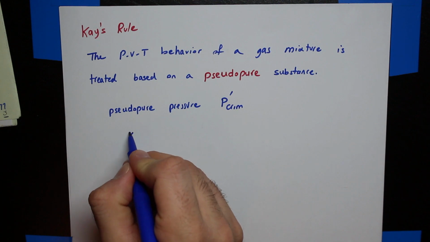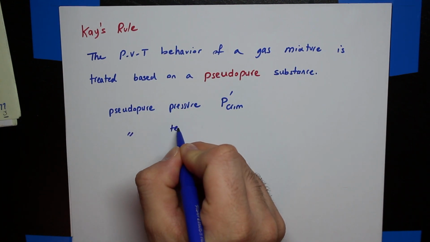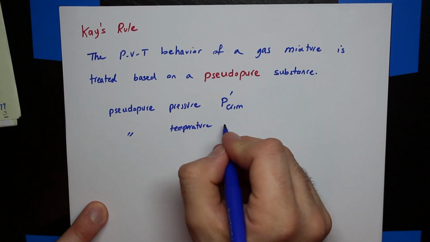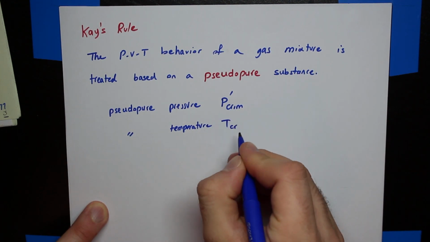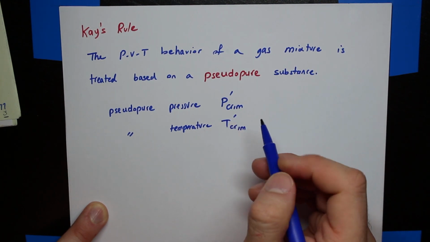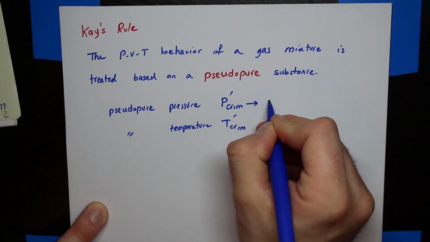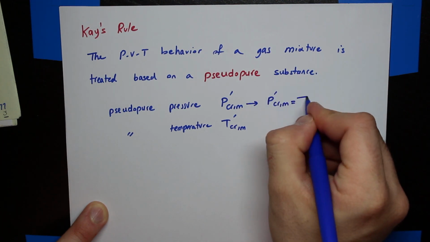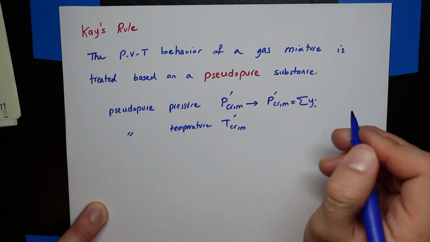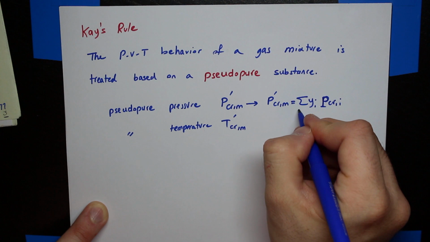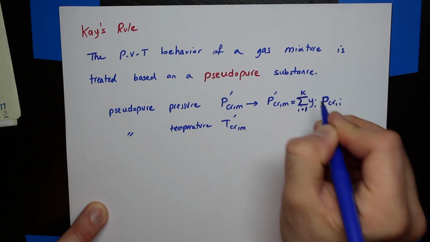Likewise, we are considering the pseudo pure critical temperature. That is T_c prime of the mixture. This pressure, P_c prime of the mixture, is obtained by sigma y_i P_c,i of each component, with i starting from 1 to k.